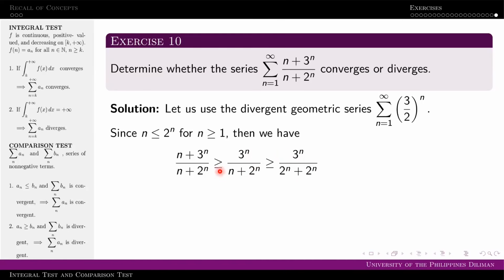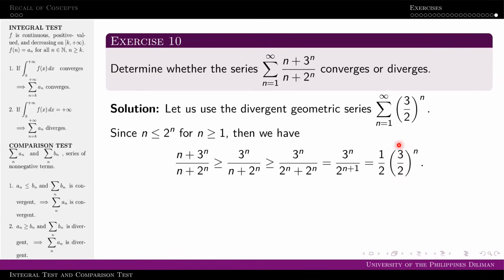So, ito should be greater than or equal to 3 raised to n over 2 raised to n plus 2 raised to n. But what is that? That is just 3 raised to n over 2 raised to n plus 1, which is just 1/2 times 3/2 raised to n.